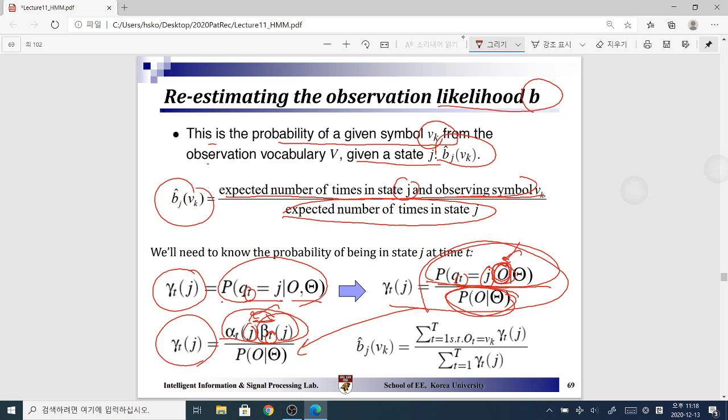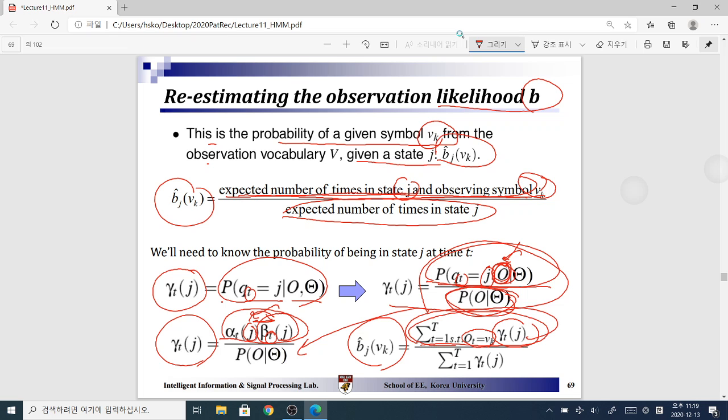And this gamma sub t of j, the probability of being in state j at time t, can be used to obtain the expected number of times in state j and observing symbol v sub k. We take all of the state probabilities of being at state j at time t, for the states having the observation v sub k only. That would be the expected number of times in state j and observing symbol v sub k.